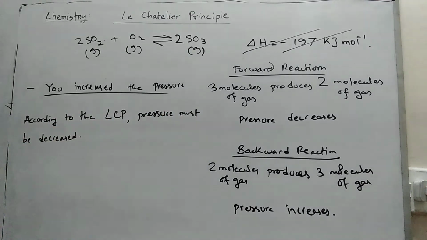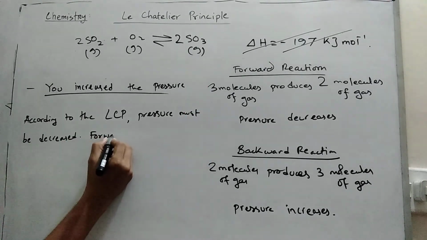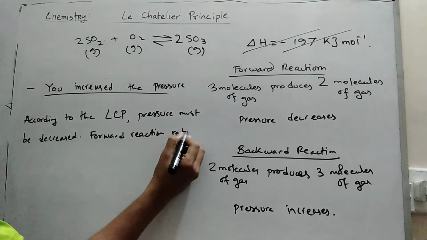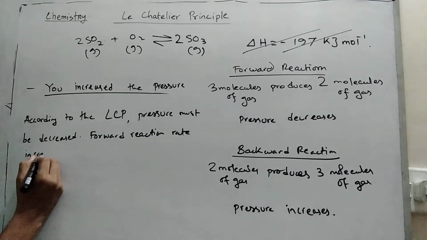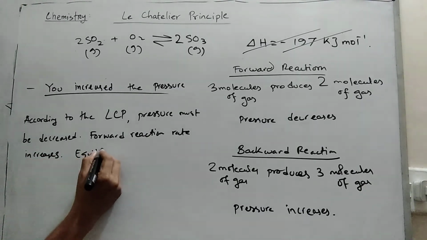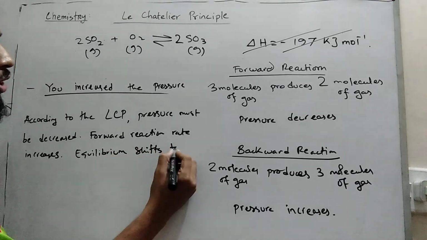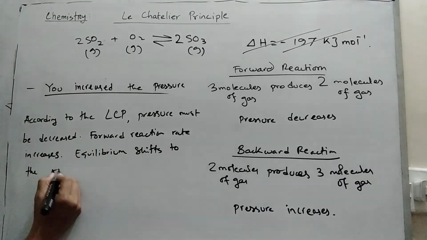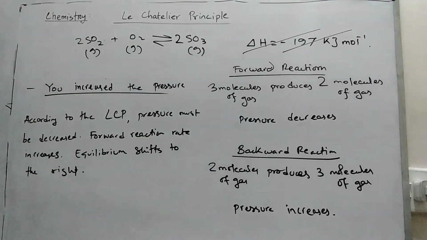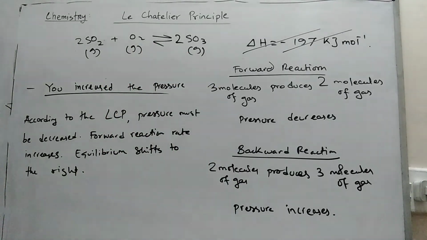Now how can I decrease the pressure? Here, the forward reaction rate increases. You can also say equilibrium shifts to the right, which means more and more sulfur trioxide will be produced.